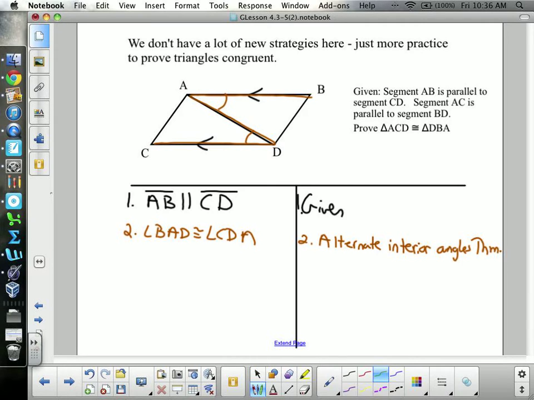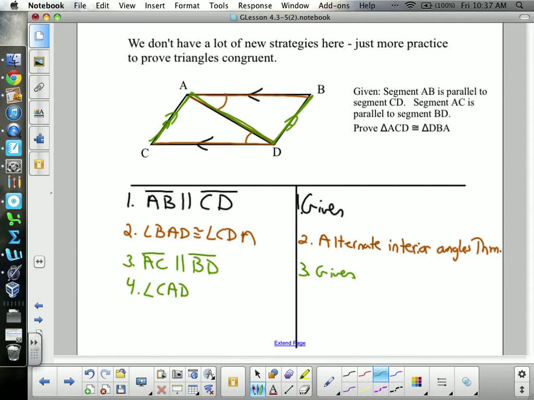Okay? Next given. AC is parallel to BD. That's a different statement. It is given. And if AC is parallel to BD, same transversal, different angles. Now what angles are congruent?